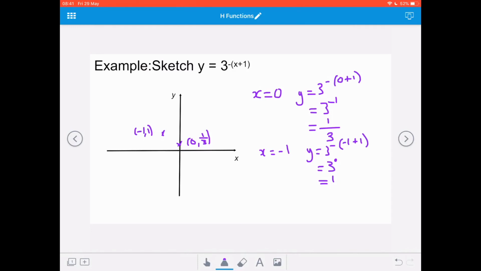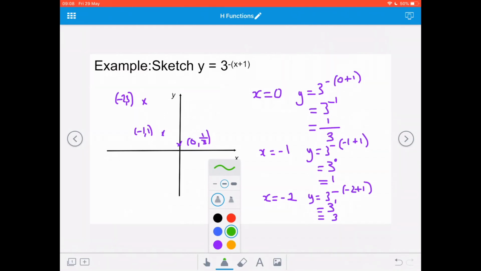And if I just consider x equals negative 2, so that it will help me with the shape of my curve, I've got y equals 3 to the negative negative 2 plus 1. So that's going to give me a value of 3 to the power of 1, which is 3. And so we can plot that point on at negative 2, 3.